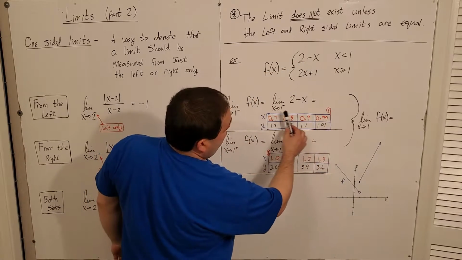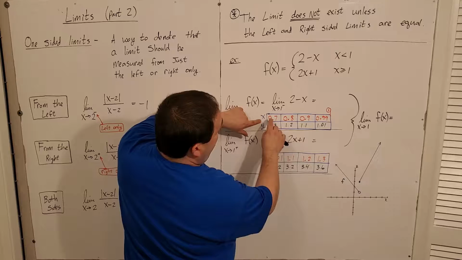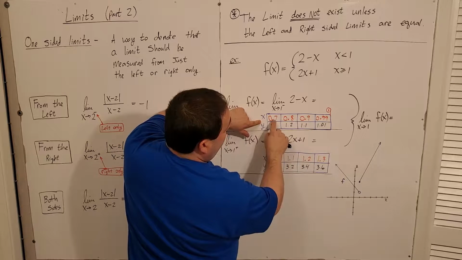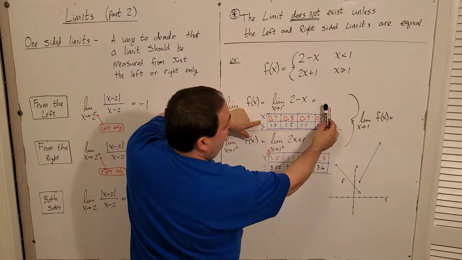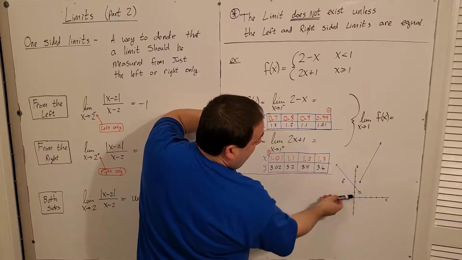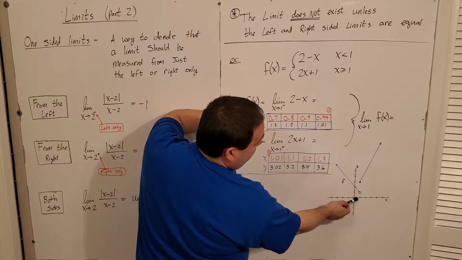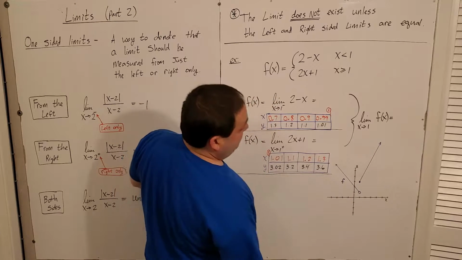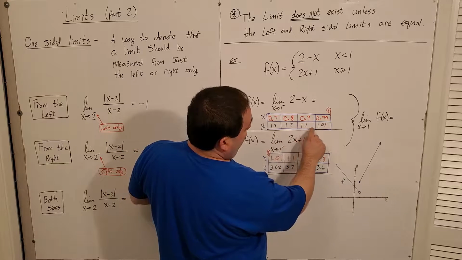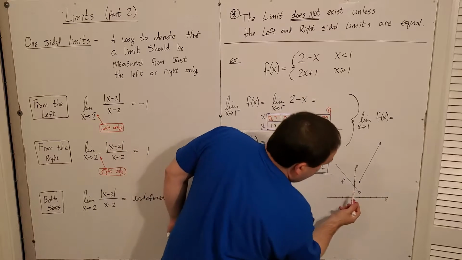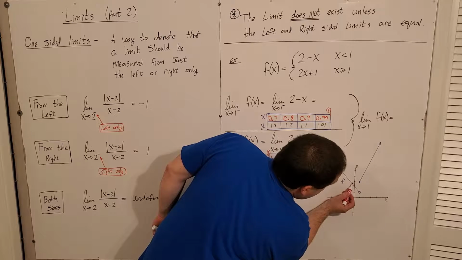Okay? So when I numerically evaluate x from the left of 1, notice 0.7, 0.8, 0.9, 0.99, I'm approaching 1 from the left, from this side. Right? So I'm up in this region right here. Okay, and as I'm doing that, the 1.3, 1.2, 1.1, 1.01, that's me walking down this line right here, right?